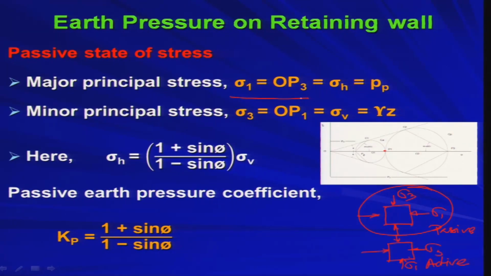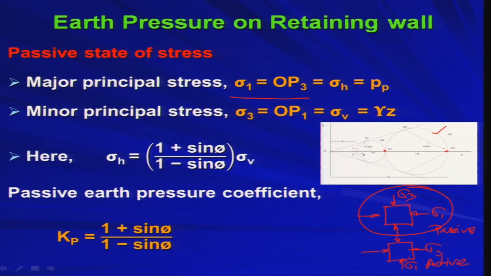Now, which is the Mohr circle for the passive state? So, this is the Mohr circle. CP is the Mohr circle which represents the increased stresses on the soil element. This point is fixed because you are not going to change the vertical stress, rather you are going to change the lateral stress.